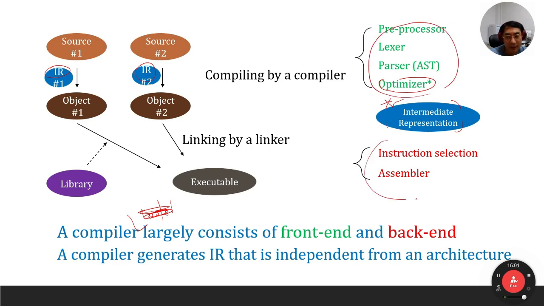The instruction selection phase and the assembler phase are called the back end. And as I said, the compiler generates an intermediate representation, which is independent from the architecture. There is another optimization at the back end, but it's not important for now.